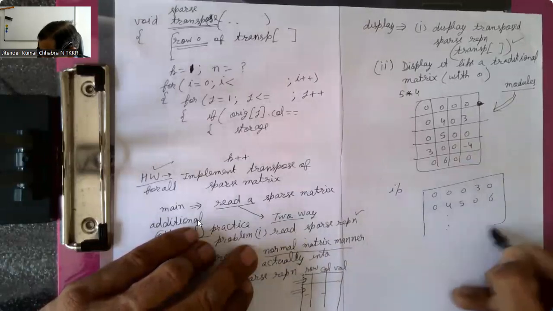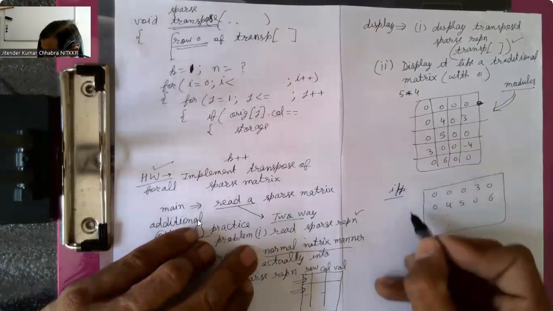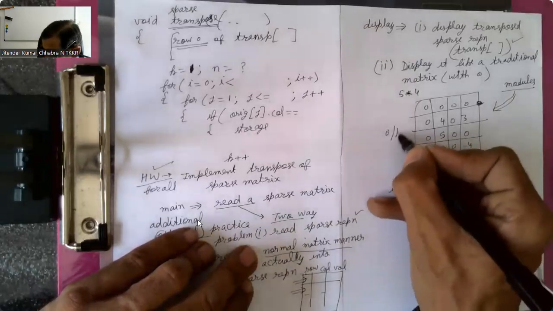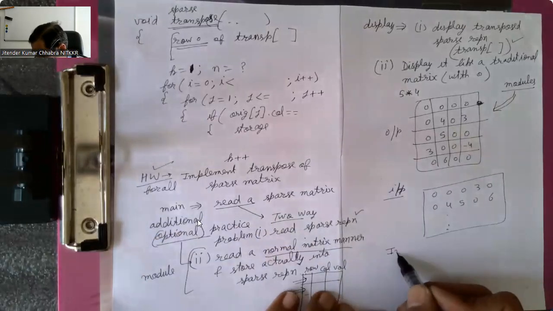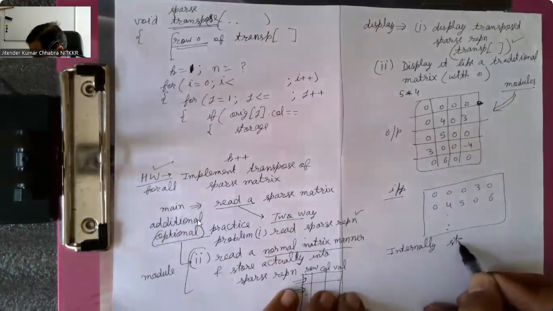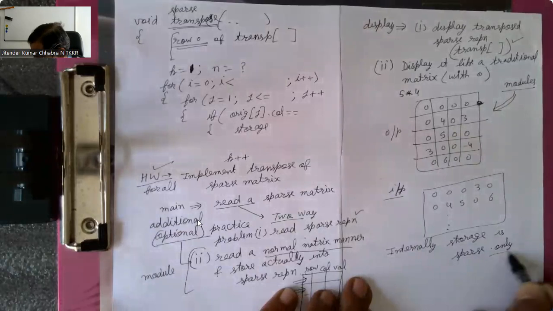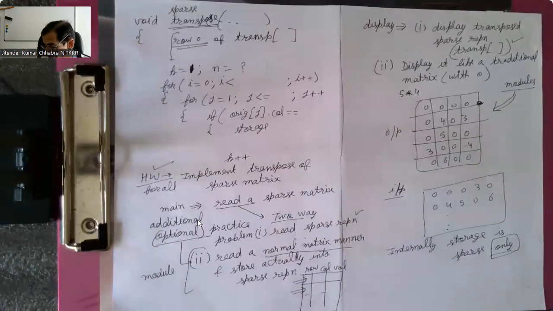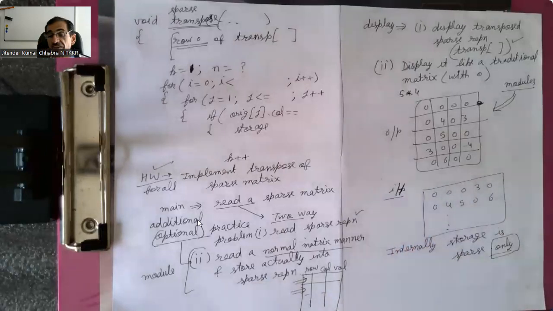So this could be the traditional input supplied, and this could be the traditional output. But internally, everything is sparse storage only. Only sparse storage. No other matrix stored at all. Only for the reading or writing purposes you have additional printf, scanf, etc., and rest everything is this.